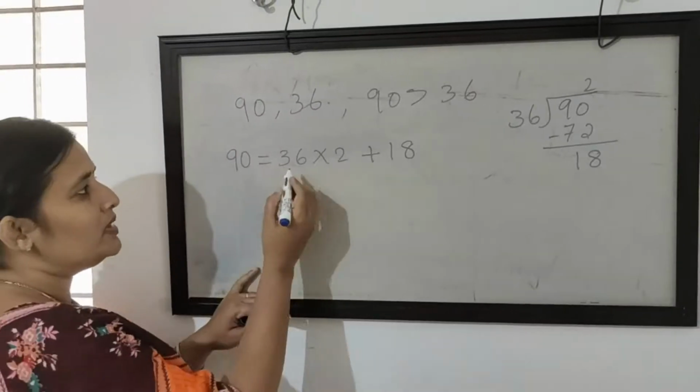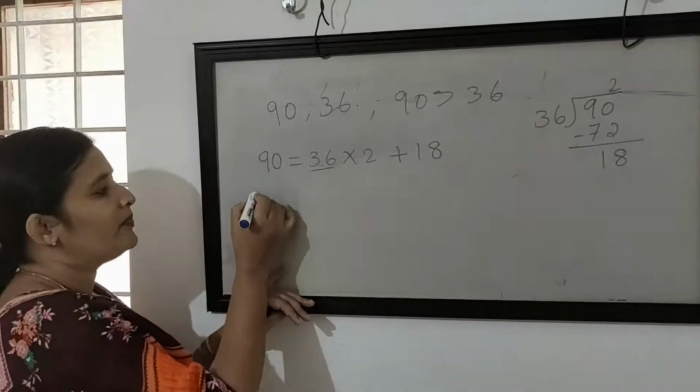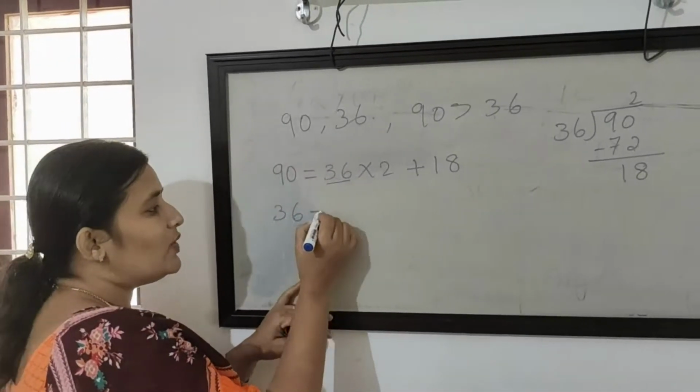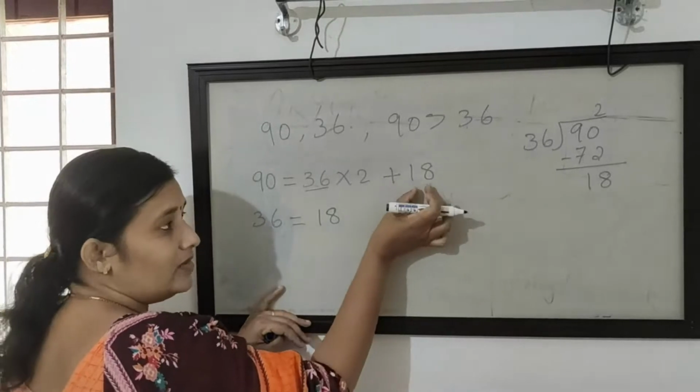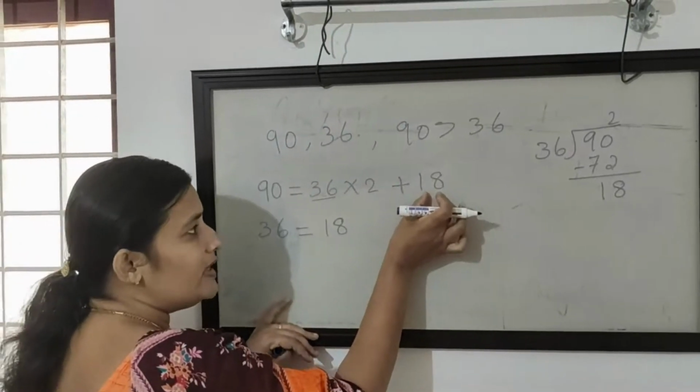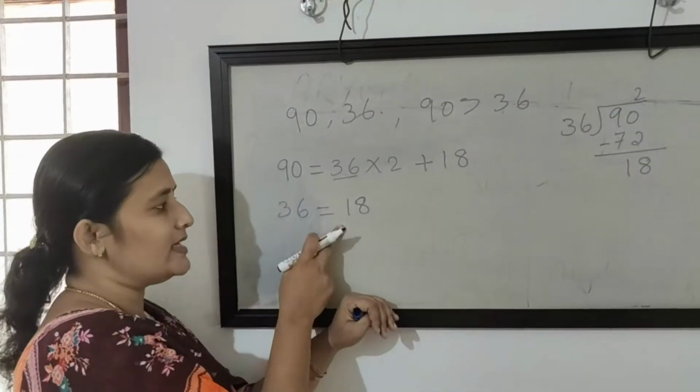In the next step, this divisor becomes the dividend. So 36 equals 18 times... In the first step 18 is the remainder, but in the second step this remainder becomes the divisor.